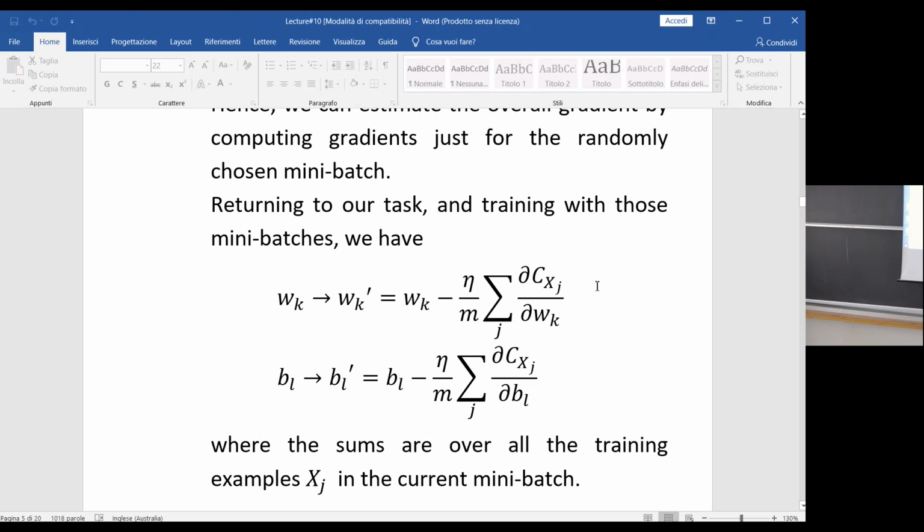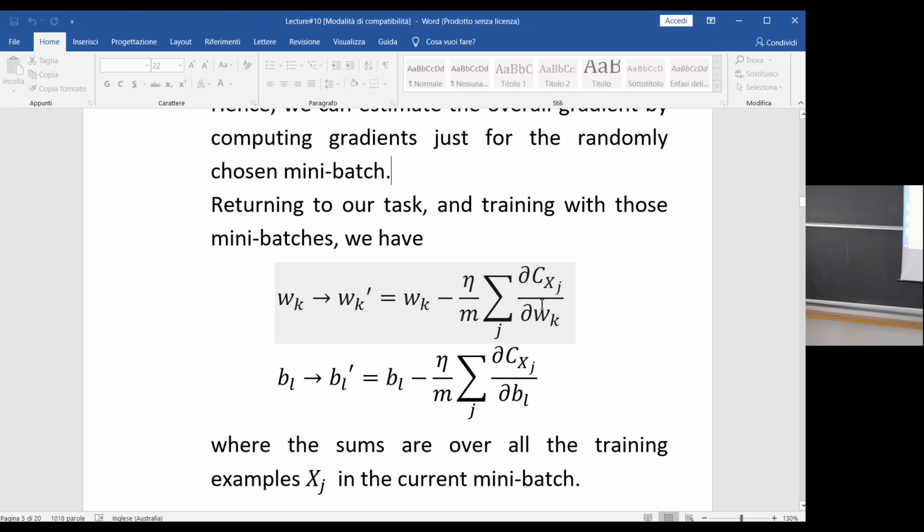Returning to our task, now we can rewrite the updating procedure, our recursion procedure: w_k will be substituted by w_k minus eta divided by M, summation of dC_xj by dw_k.